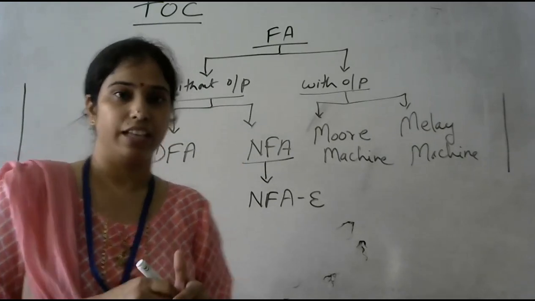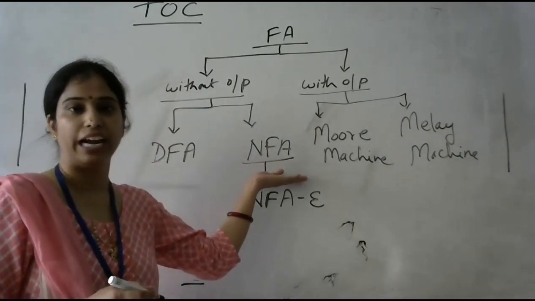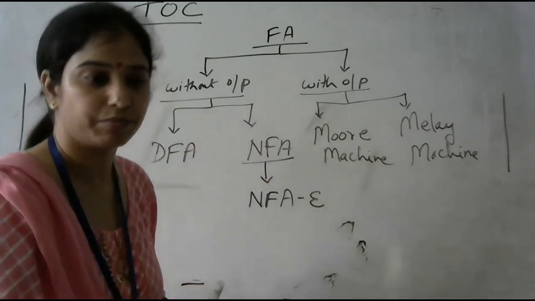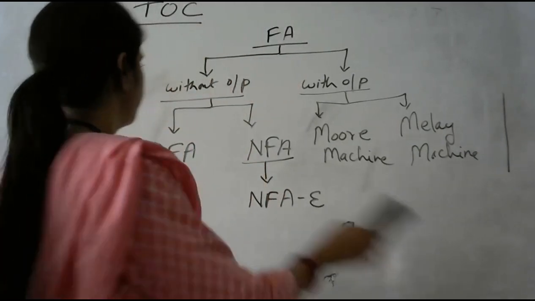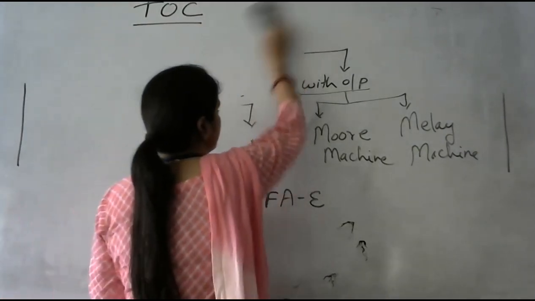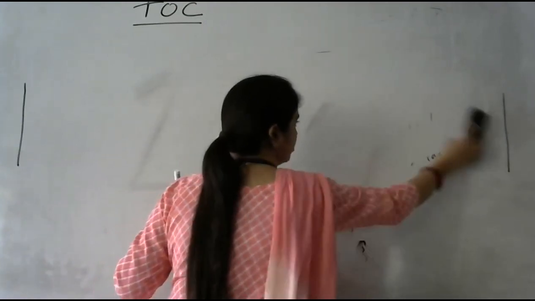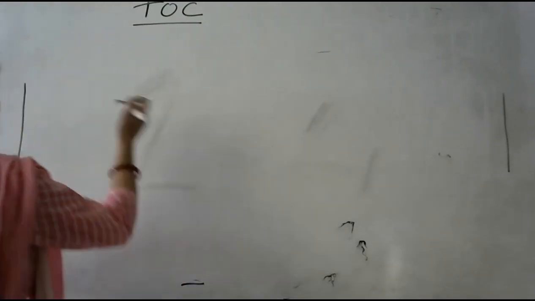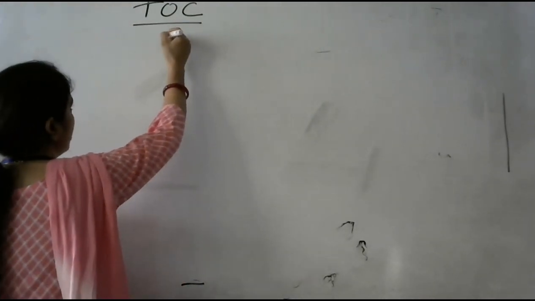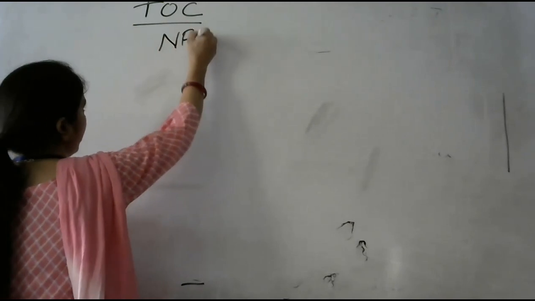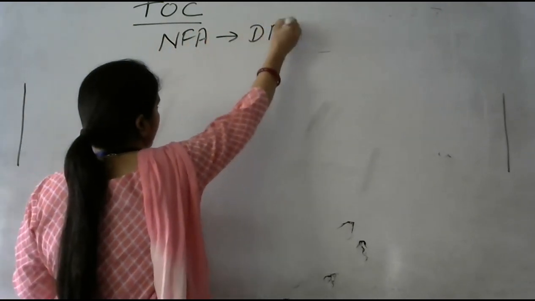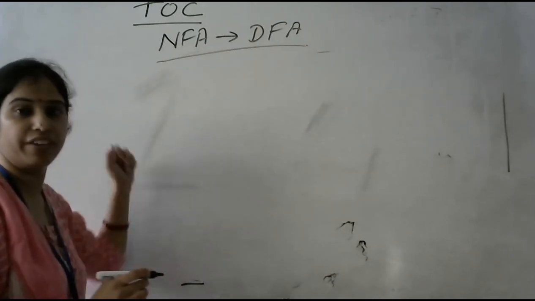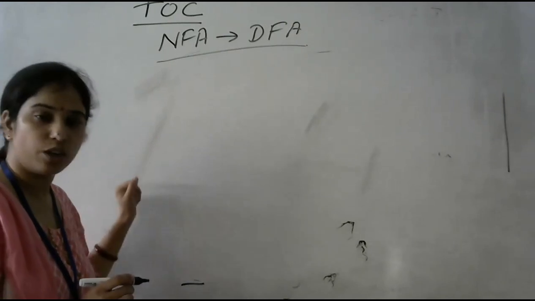So we make an NFA and convert that NFA into DFA. Okay, now let's start. So we have to start with conversion of NFA to DFA. What is NFA? NFA is non-deterministic finite automata.